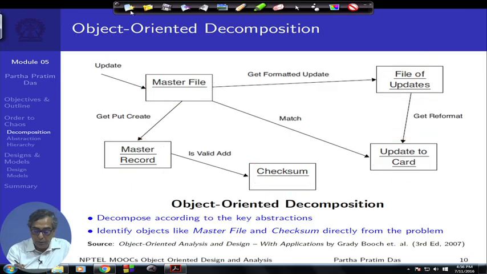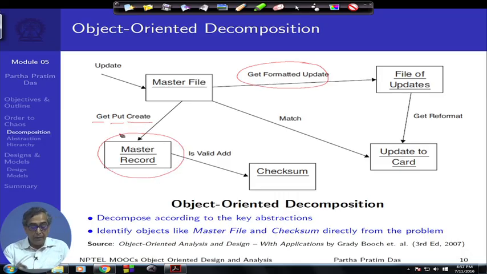And if you look at the arrows, these arrows mean that file of updates is an object which supports this operation. That is, master file can invoke get formatted update on this file of updates object, or master file can invoke get, put or create operations on the master record object.